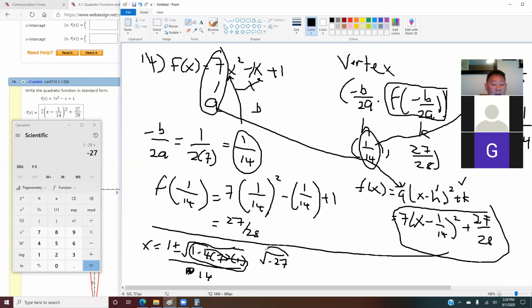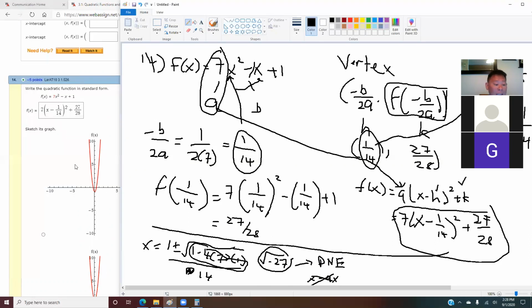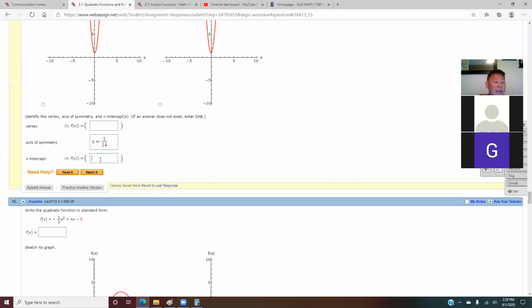If you get a negative number inside a square root, this will be DNE. And what does DNE stand for? DNE means that this graph will not cross the x-axis. So that means it does not have an x-intercept. So for this question, it is DNE because it doesn't cross it.